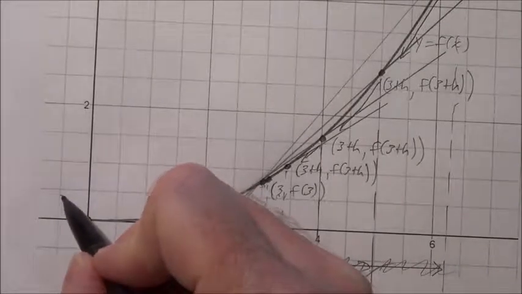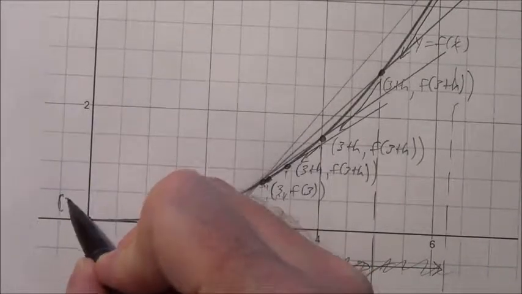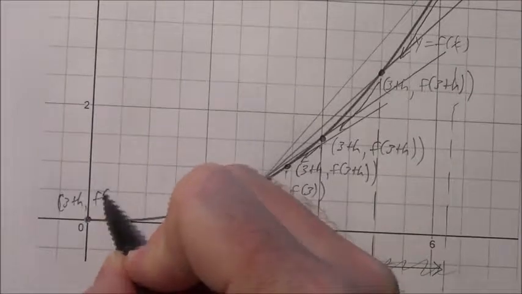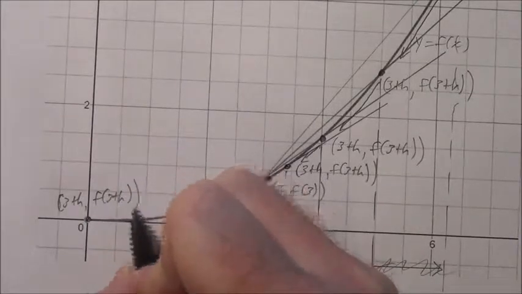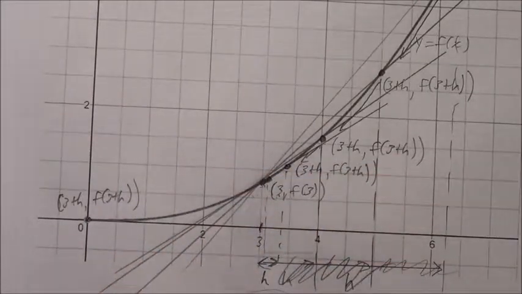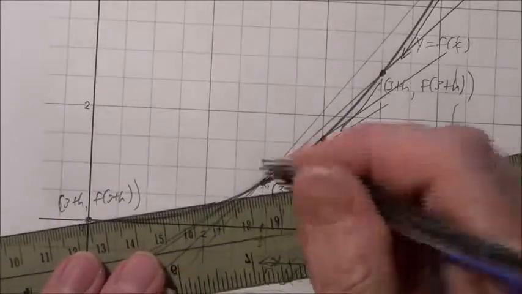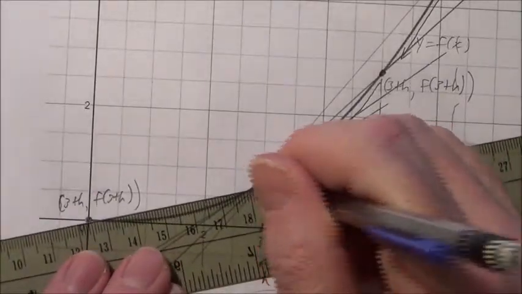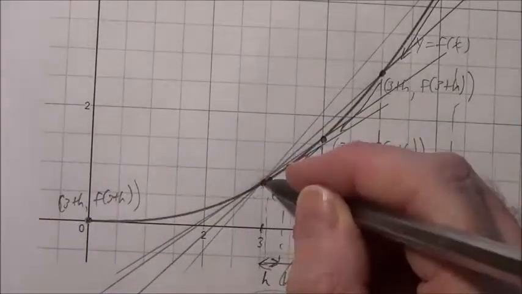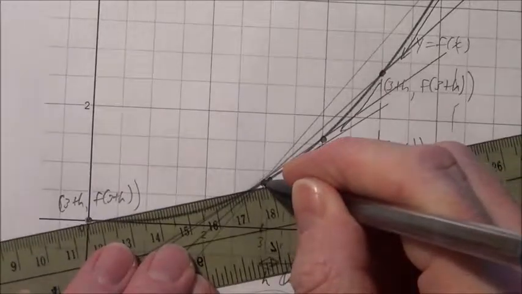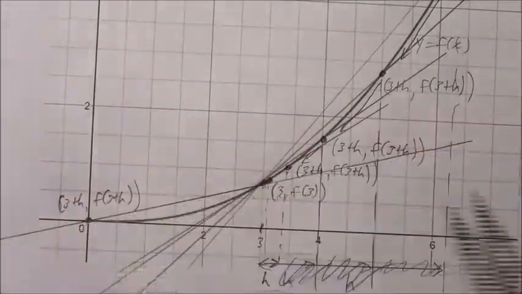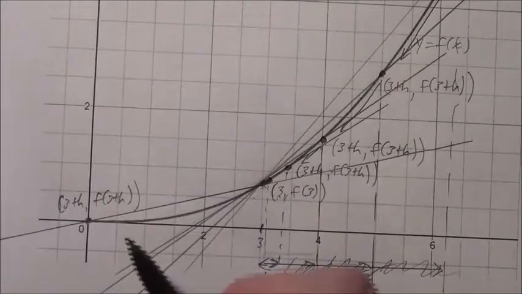Again, here is 3 plus h, f of 3 plus h, and the secant goes from our key point, 3, f of 3, through this point, which in this case is the origin, but that doesn't really matter.